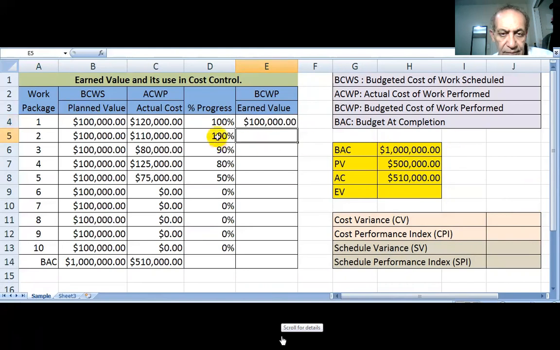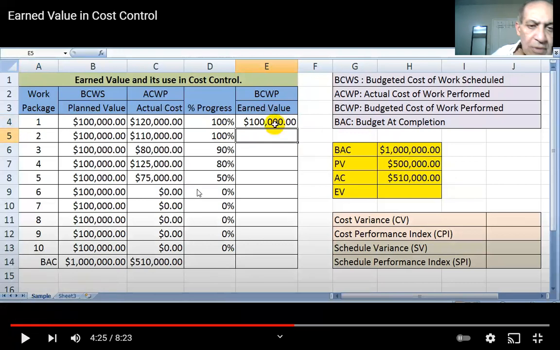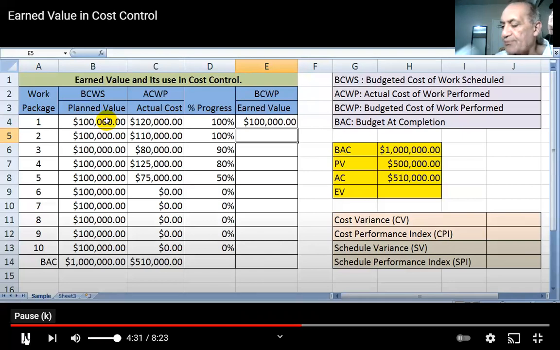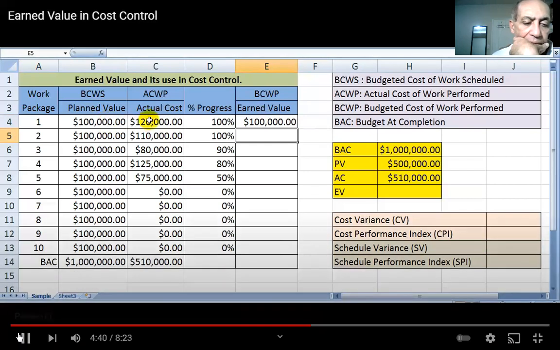Keep in mind, if the progress is 100%, multiply the progress by the planned value. It's always your planned value, because this is what you had budgeted to spend for work package 1, and you had completed the work package, so you're supposed to spend only 100,000, but you had spent 120,000.